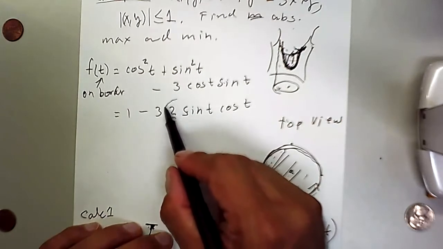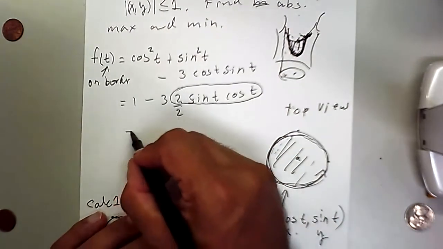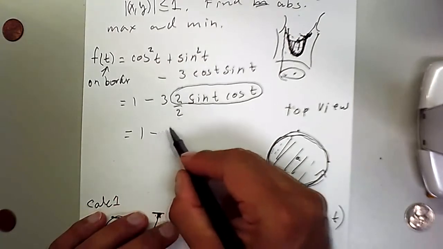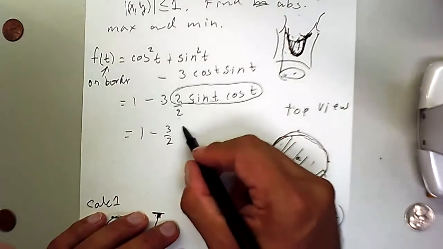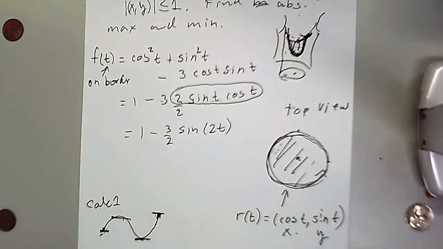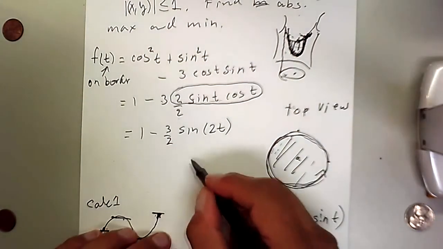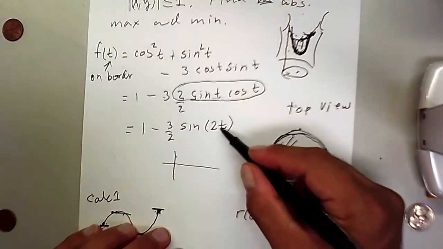And the reason why I'm doing that is because I want to simplify this using trigonometry. All of us would know that this is negative 3 over 2. Keep the 3 and the 2. But that is actually the sine of 2t. And we know how the sine of 2t behaves very, very well. You can use calculus, or you can think the frequency increases by 2.